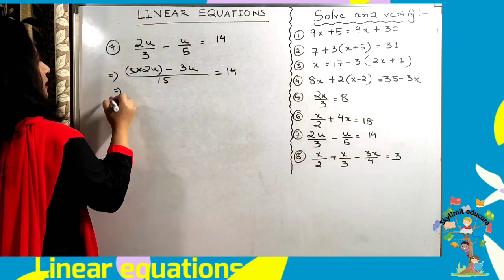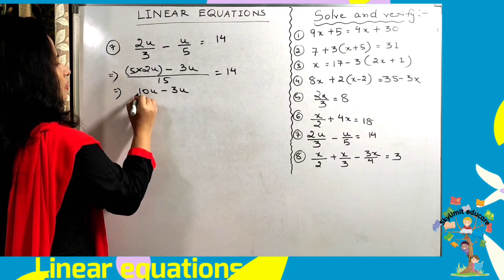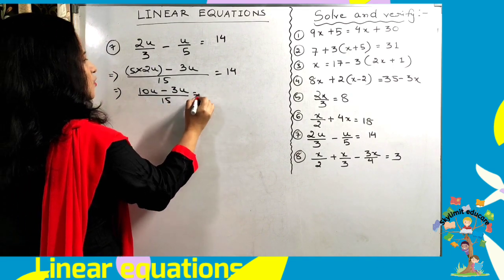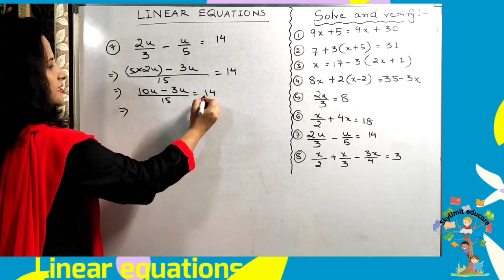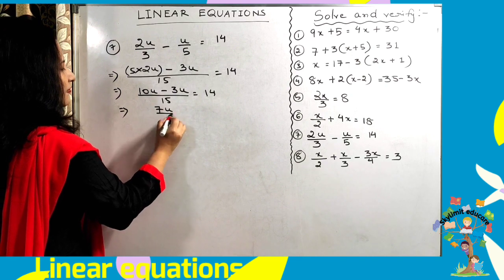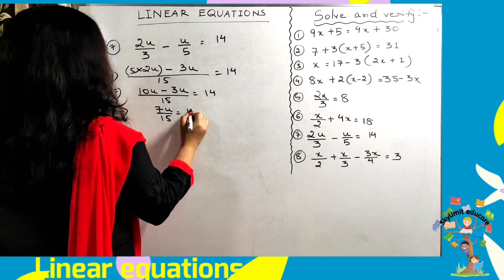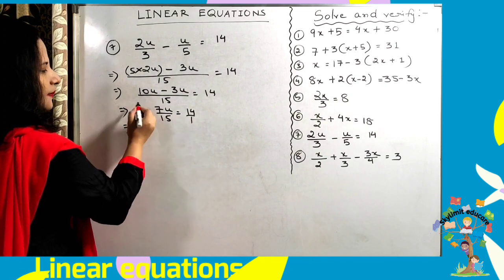14. Now this is 10u minus 3u by 15 is equal to how much? 14. Now what I will do? See, let me solve this. 10 minus 3 will be 7. u by 15 is equal to 14, right? So you can cross multiply now.